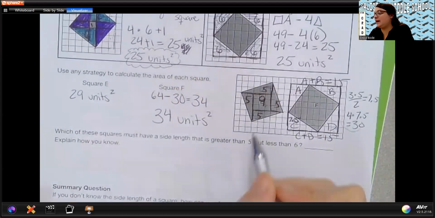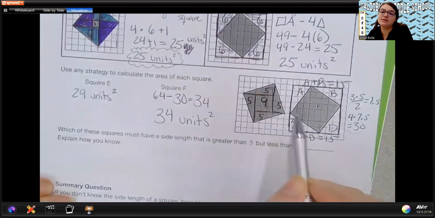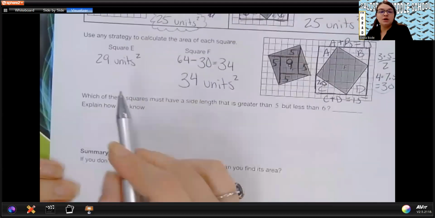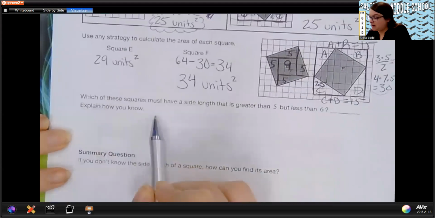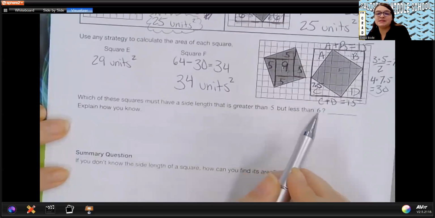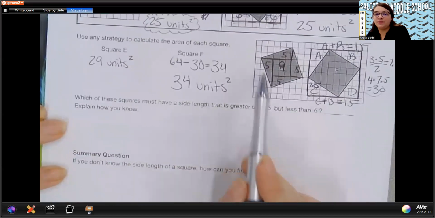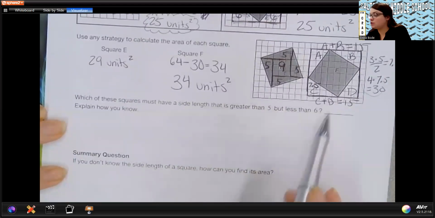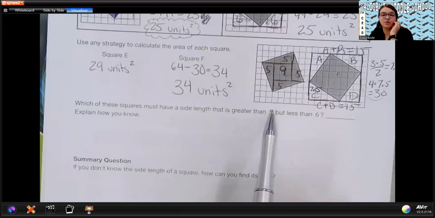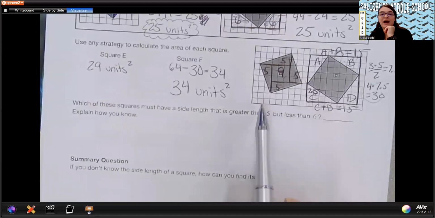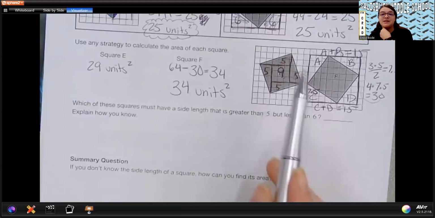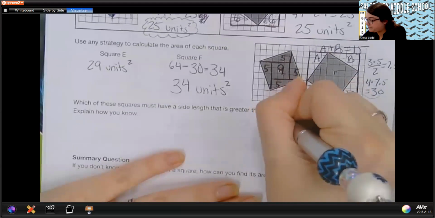The good news is today you guys will be able to choose whichever one is easier for you as you work through the Desmos. So our next question, which of these squares must have a side length that is greater than 5 but less than 6? So we don't know the actual side lengths of these shaded squares. But we do know what 5 squared is and 6 squared. If we had a square that had a side length of 5, its area would be 25.